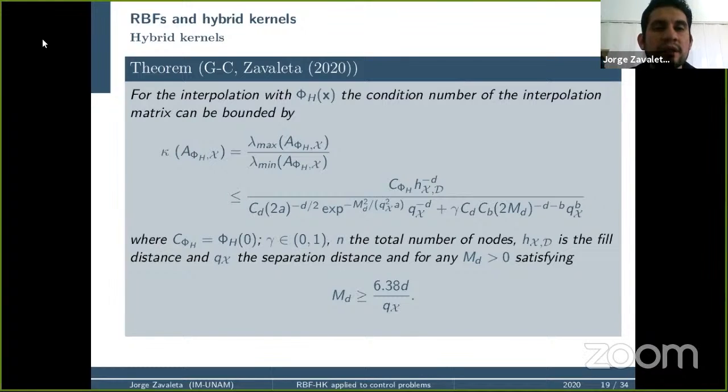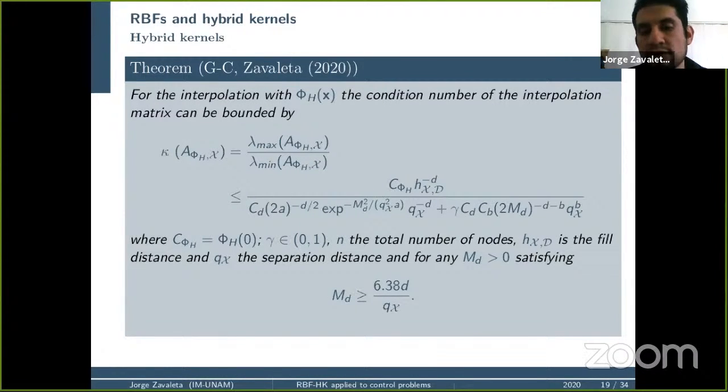For example, we can see that the condition number of the Gram matrices related to hybrid kernels are bounded. This bound is, we think, not tight enough, but it gives us some guess of how to choose the parameters and how they affect the bound, for instance.